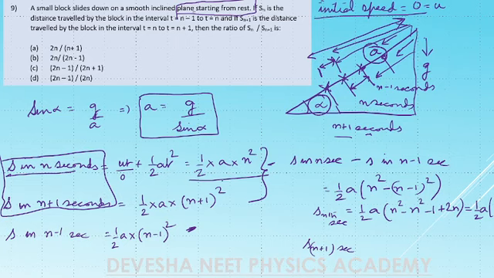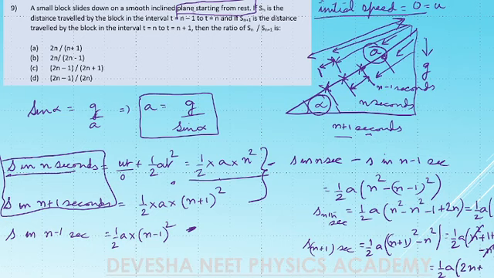So this is equal to s in n plus 1 seconds minus s in n seconds, which is half a into n plus 1 whole square minus n square. This is equal to half a into n square plus 1 plus 2n minus n square, which is equal to half of a into 2n plus 1.